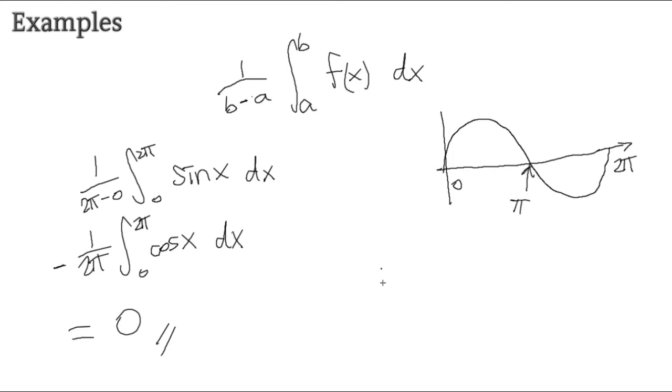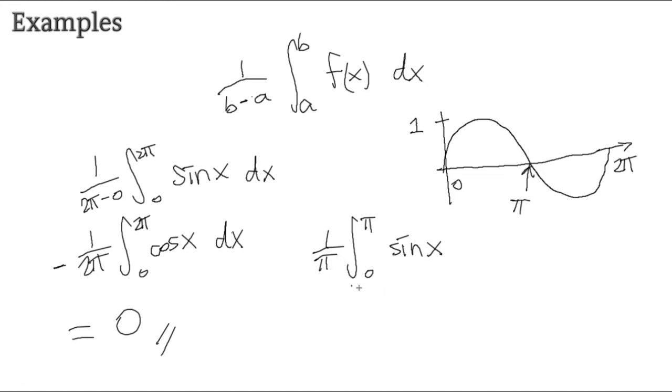Now, if we want to go fancy, we can stop it at pi. So let's try that out. We have 1 on pi take 0, integrate from 0 to pi of sin x. Same function, except we don't have the negative domain, so we expect something in the range of 0 to 1, because the max value is 1, right?